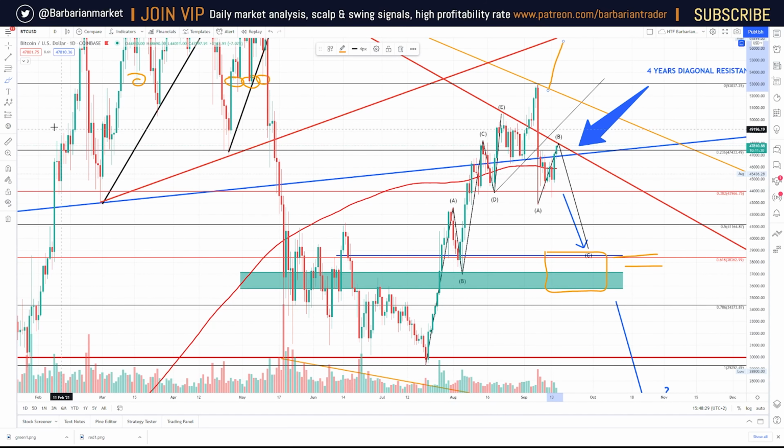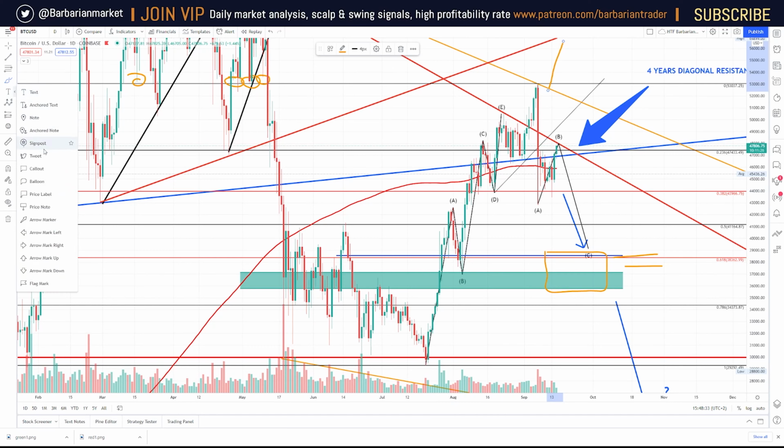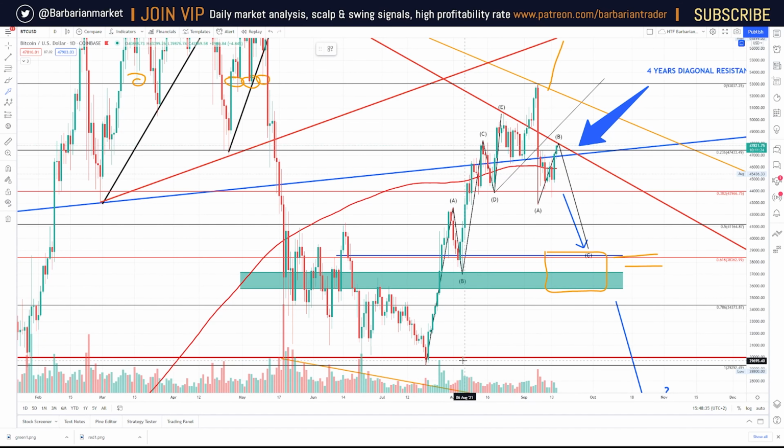If you have a look here, and here, the volume was going lower. So why are we surprised? There was no money, no buyers, and the people who bought here, of course they want to sell to take their profits, okay? So after a move of, let's see, 80%, be sure you will have a serious correction.